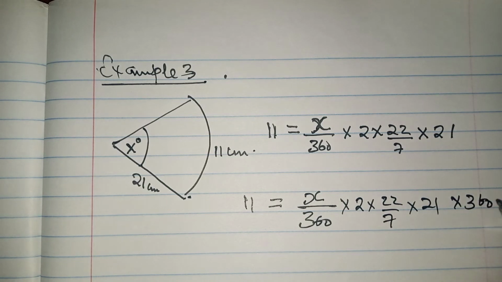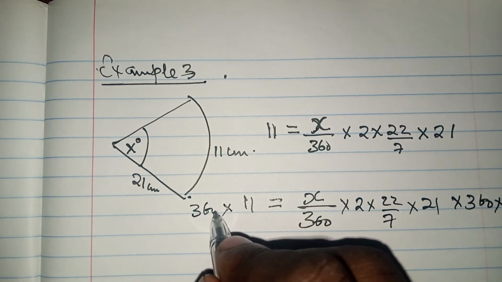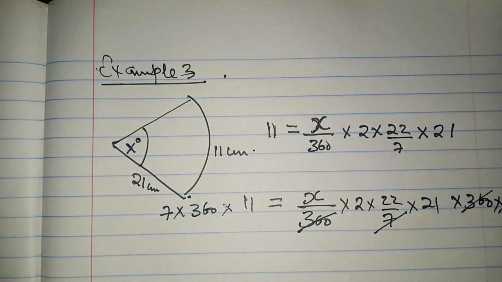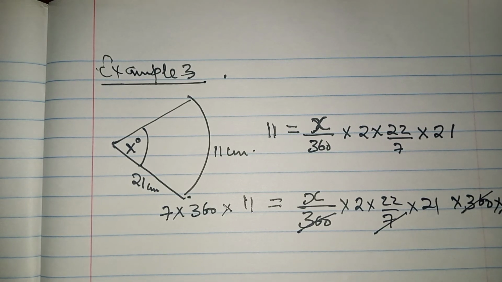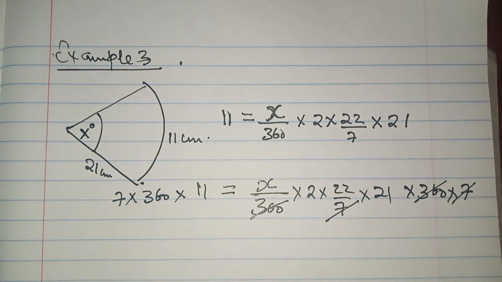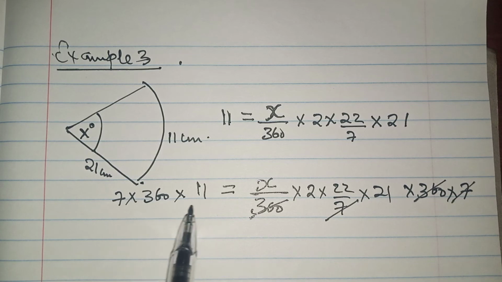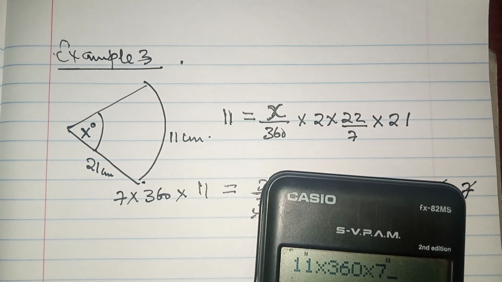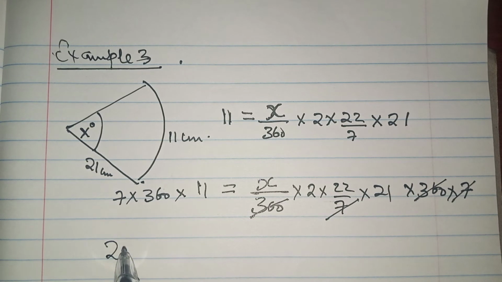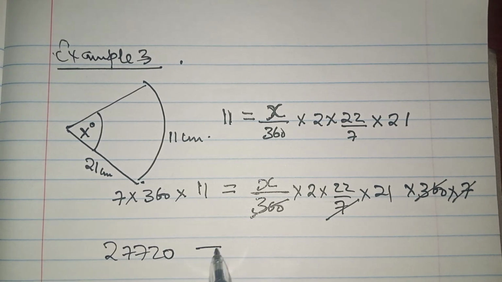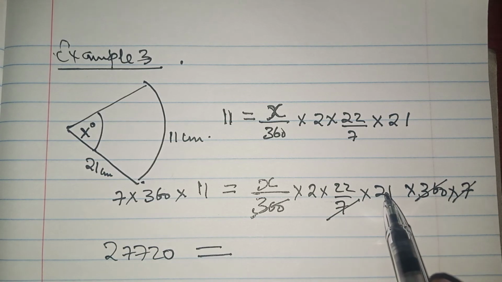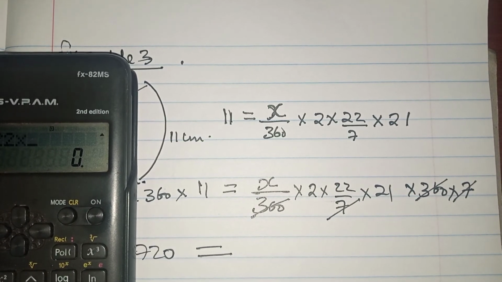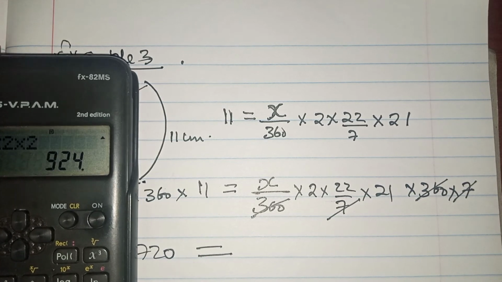Now, times 360 times 7, so that this cancels with that, and this cancels with that, and we are going to have 360 times 11 times 7, which is 27,720. 27,720 on the left hand side is equal to 21 times 22 times 2, which is 924x.